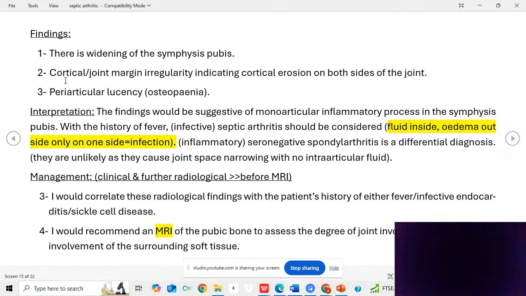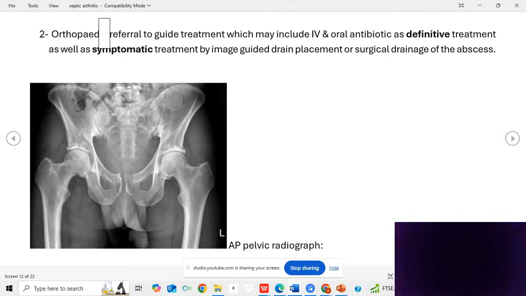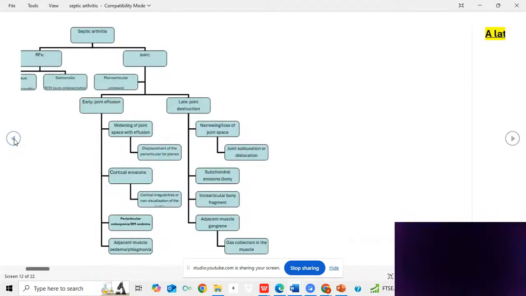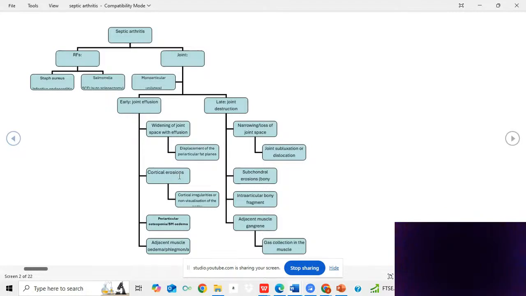The second sign is cortical or joint margin irregularity, indicating cortical erosion on both sides of the joint. Can you see this? Cortical margin irregularity or cortical erosion is also a sign of early septic arthritis.